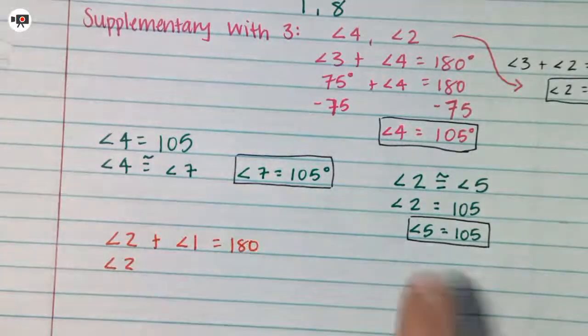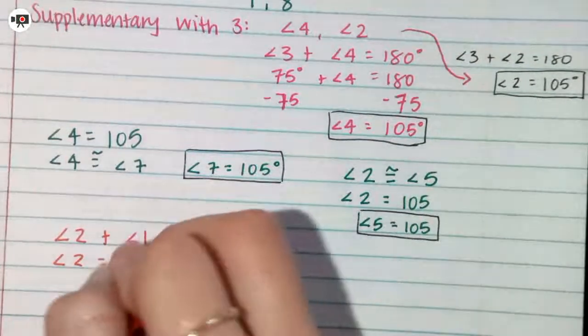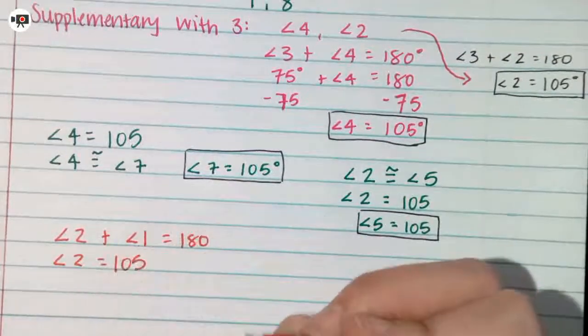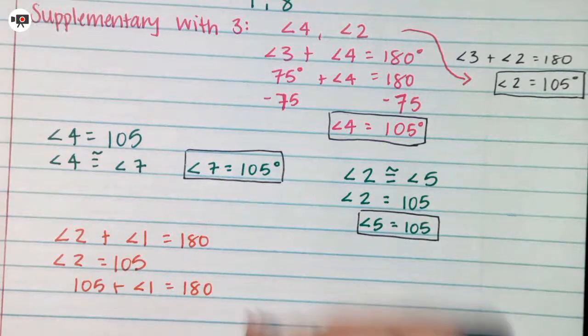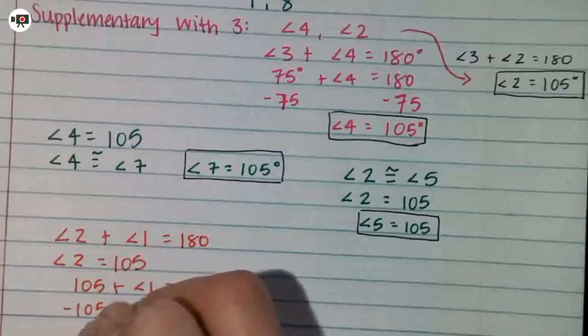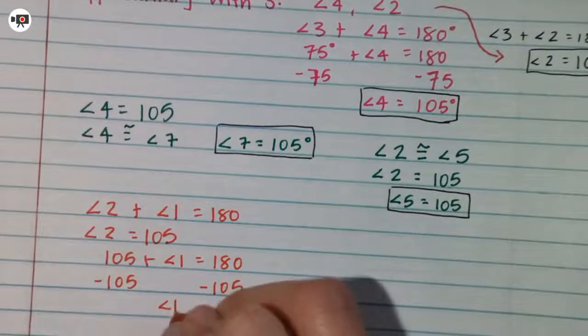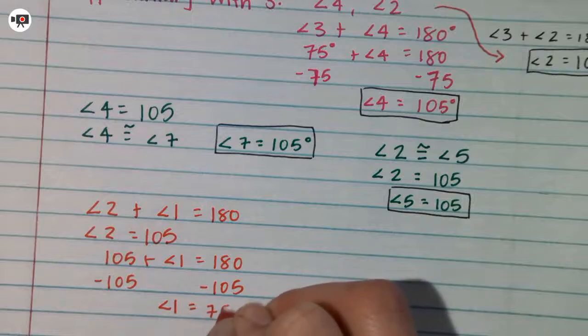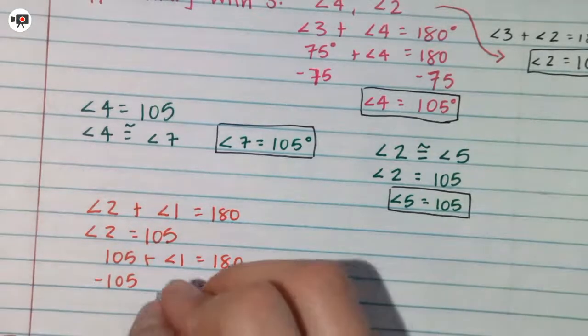Angle 2, we just said, was 105. So I can do 105 plus angle 1 equals 180. Solving for angle 1, angle 1 is 75 degrees.